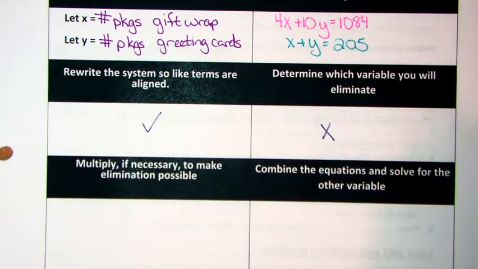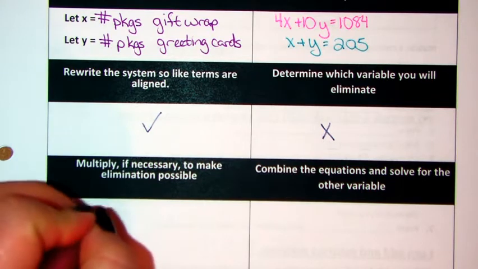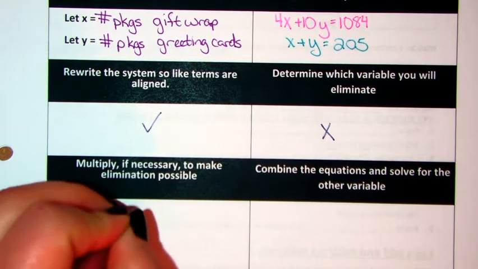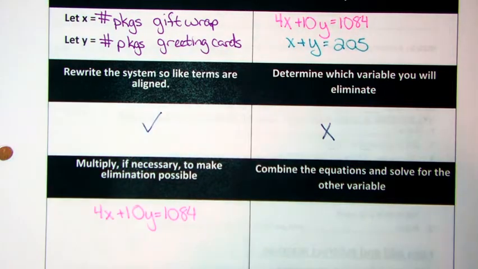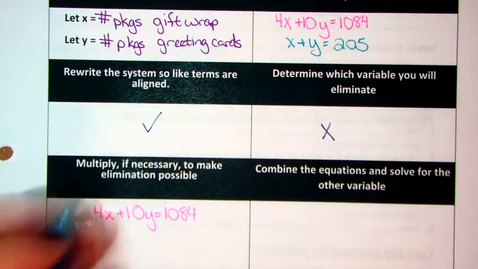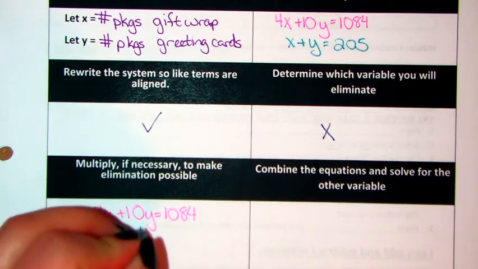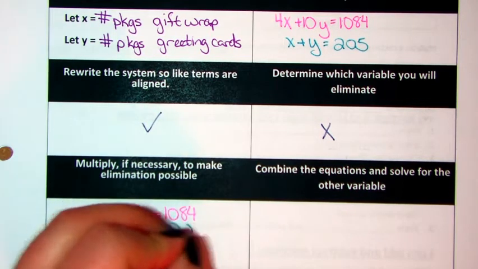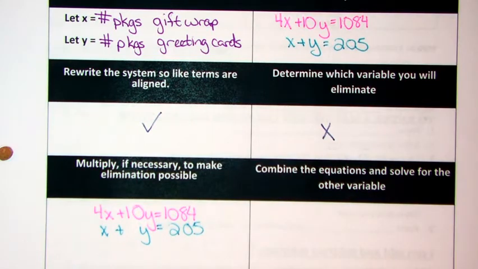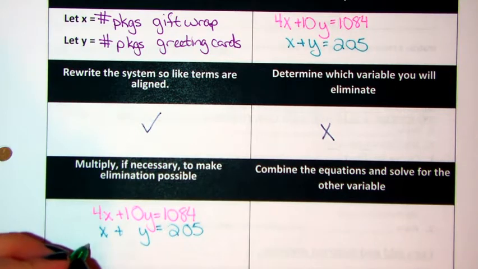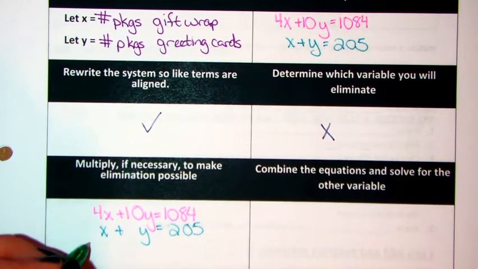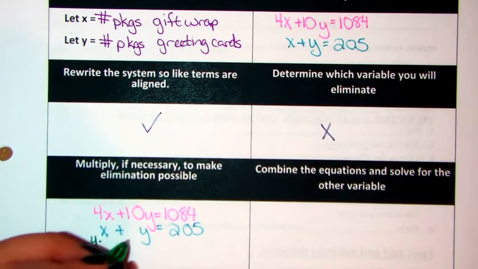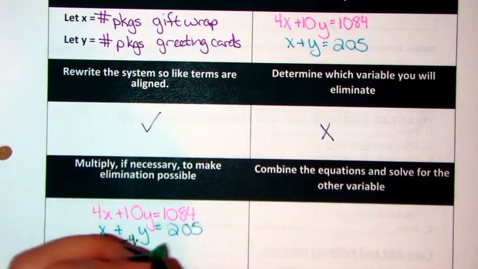So if I want them to eliminate, that means I need to do a little multiplication. My pink equation will be able to stay exactly as it is, and my blue equation is going to have to be multiplied. In order for it to get the opposite, it will need to be multiplied by a negative. And in order to make it be the same number in front, we're going to have to multiply by -4.